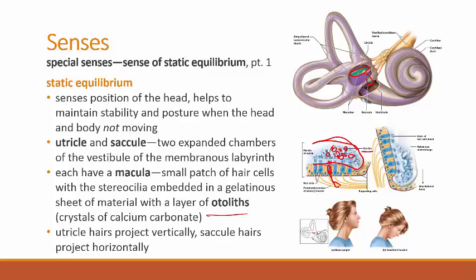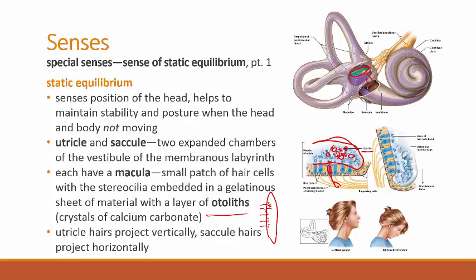In the saccule, we're going to draw the saccule here, the saccule has hair cells that are extending into the macula. I'm sorry, the macula of the saccule has the hair cells projecting out horizontally.